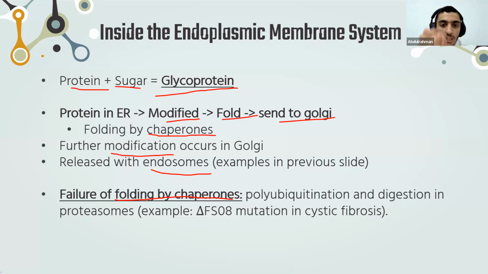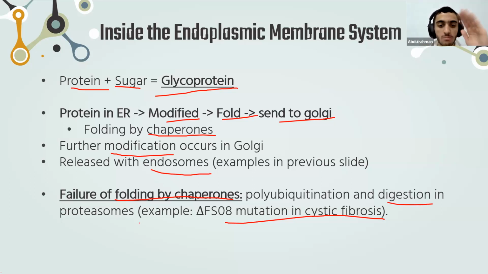Keep this in mind. Folding is the signal to send to the Golgi and outside the cell. Okay? So if the chaperones fail to fold it, then you have a defect in this protein, which we'll discuss later on. But just for now, if you have failure of folding, it will cause a problem in the proteins, and so you break down the protein, right?